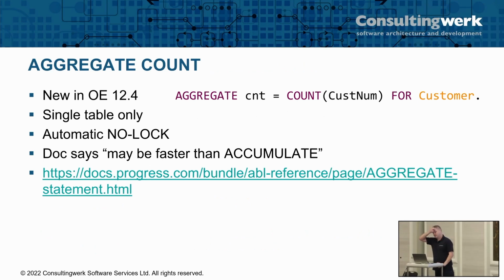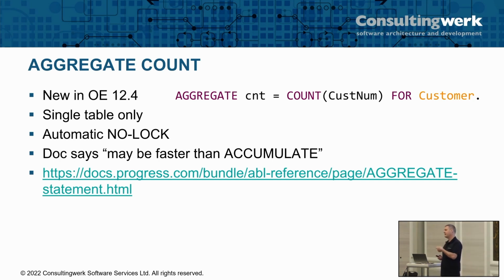In OpenEdge 12.4, a new set of functions came in, including the aggregate. And so there's an aggregate keyword. The syntax is up top there, and we can say we want to count by a field. Again, it's very similar to the accumulate. We have to say I want to count by a field. It's an indexed field for customer, for a table. It's a single table only, but we can filter.